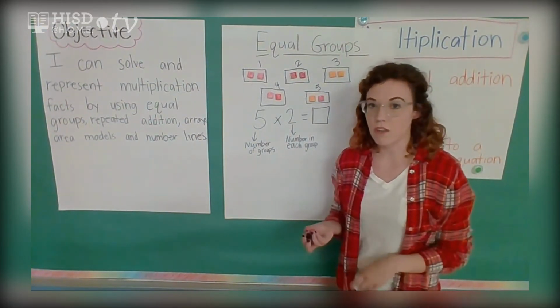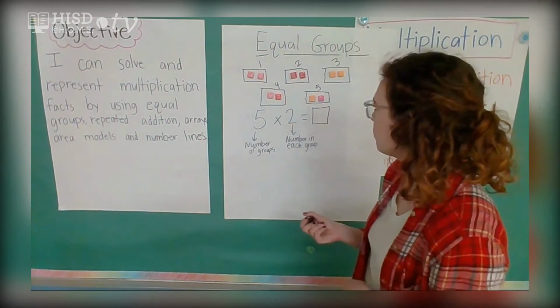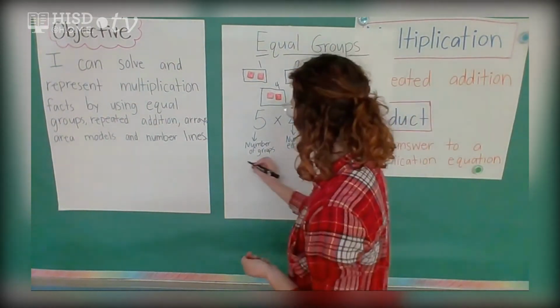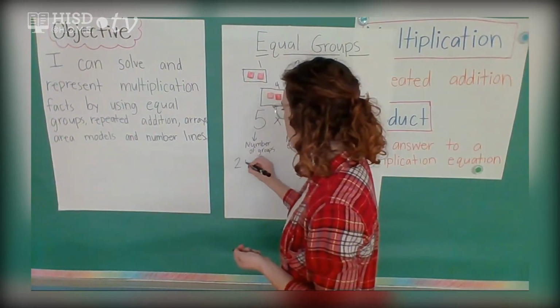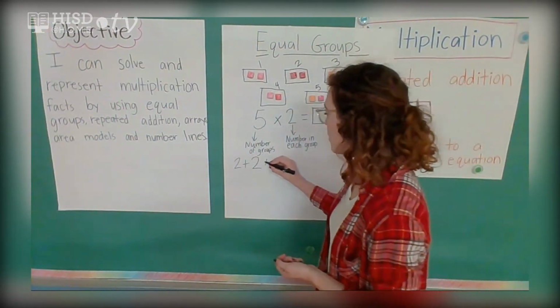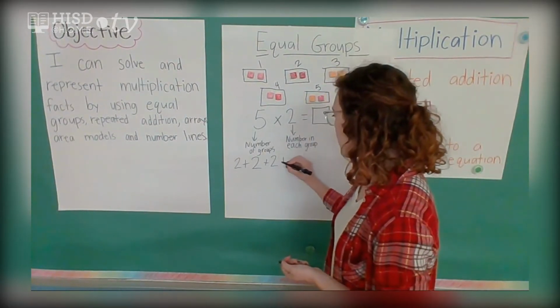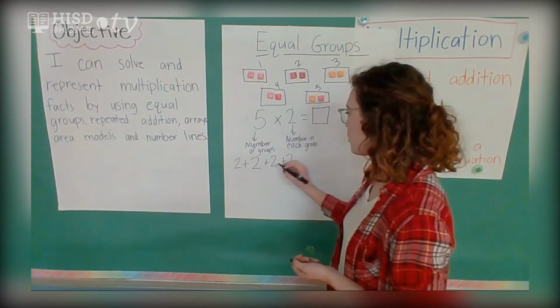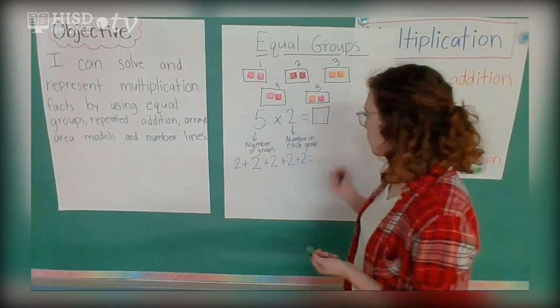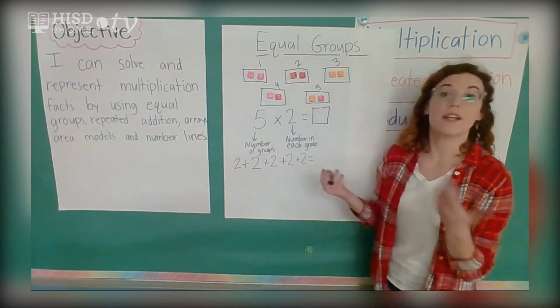Now there's a couple ways I could solve this. I could add 2 5 times, right? We have 2 plus 2 plus 2 plus 2, one more, plus 2 equals, or we could count them, or we could skip count.